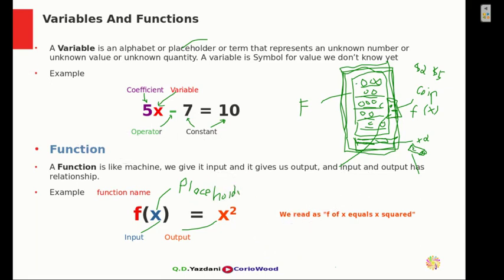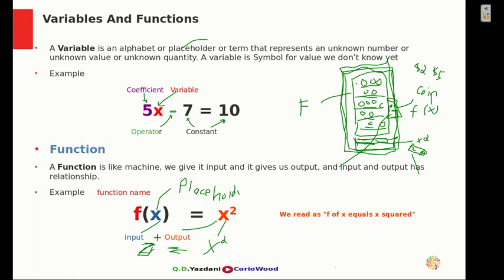If I put, for example, a z, and I put x squared, there is a relationship here, there is an output here, but I don't have f of x, I have a z.